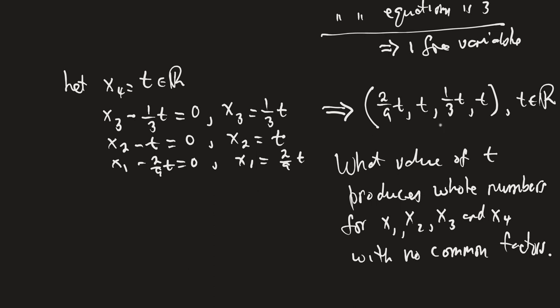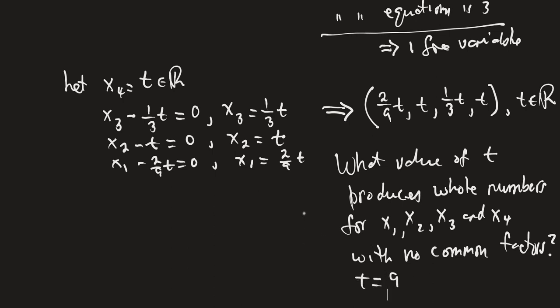So putting that all together, we should choose t to be essentially the smallest positive multiple of 9, which would be 9, right? So that's our question there, and the answer is t equals 9.